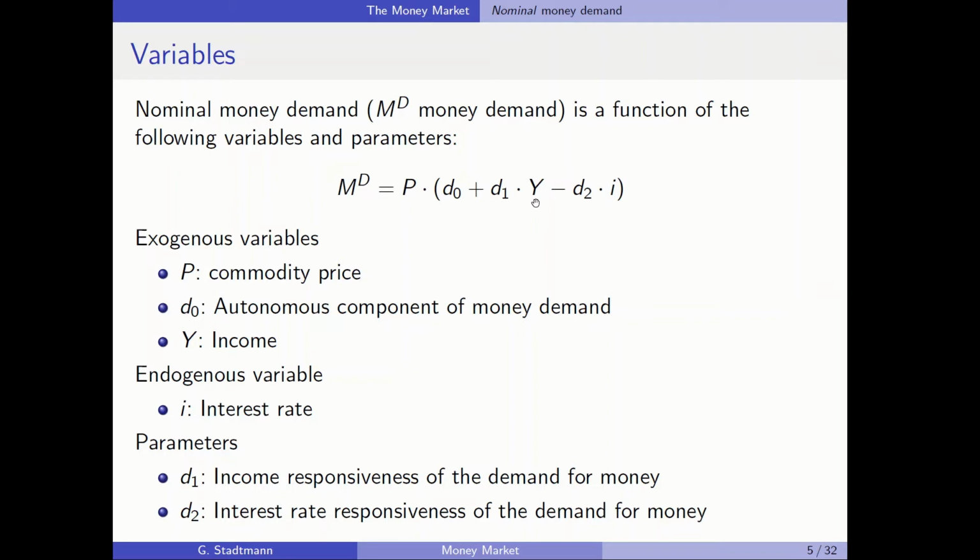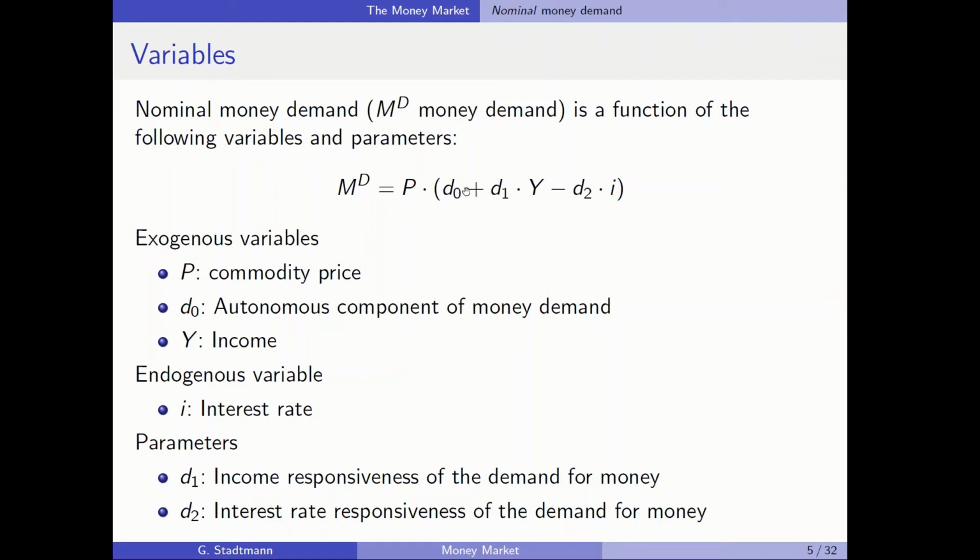So D1 links GDP to money demand, and D2 relates the interest rate to the money demand function. D1 tells us by how much money demand increases in case that GDP is up, and D2 tells us by how much money demand is down in case that the interest rate is up.